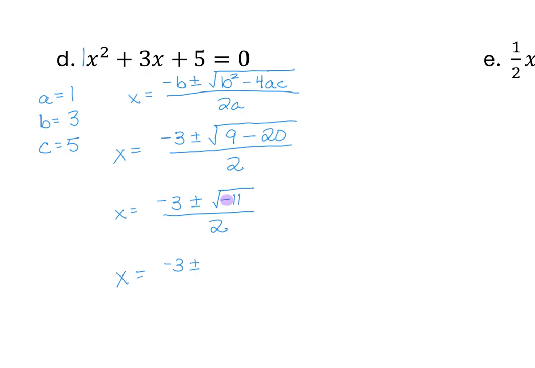So we are going to get negative 3 plus or minus i square root of 11 over 2. And I'm going to leave it like that, okay? All right, let's look at the last two.